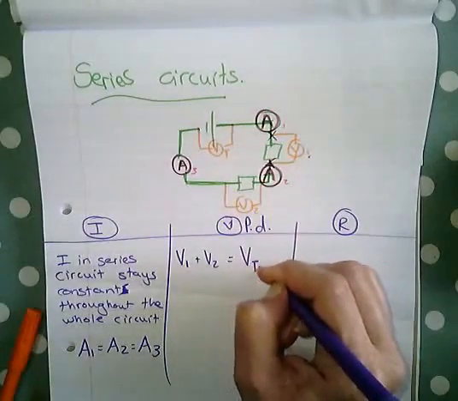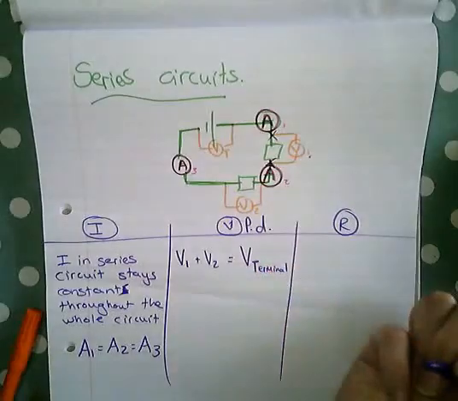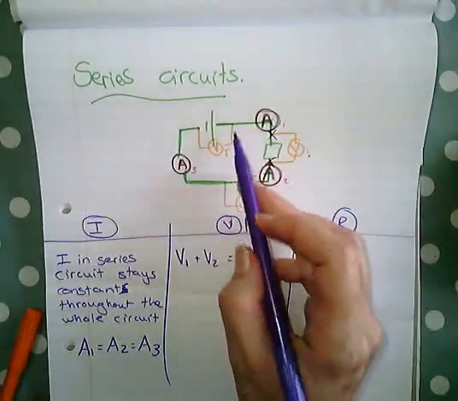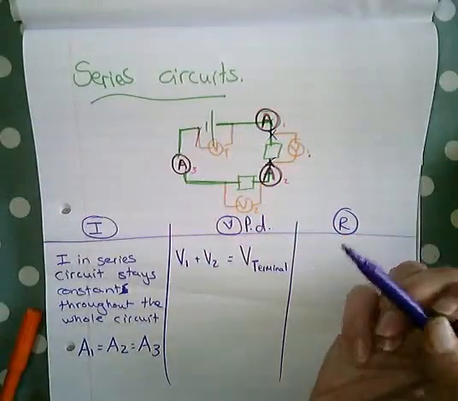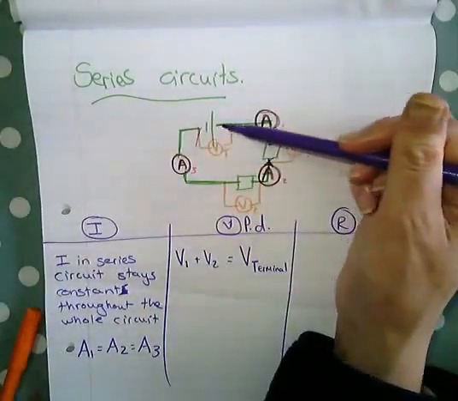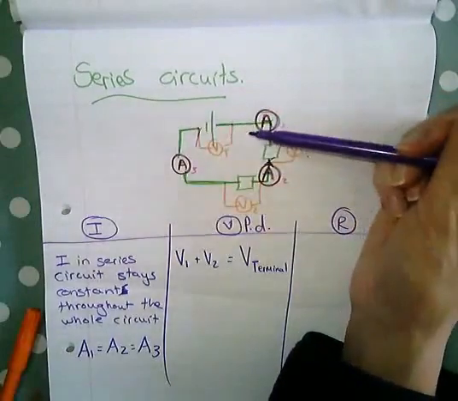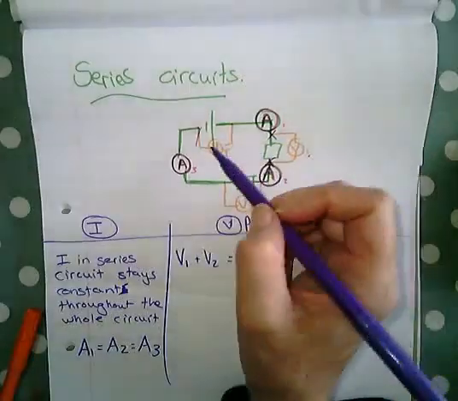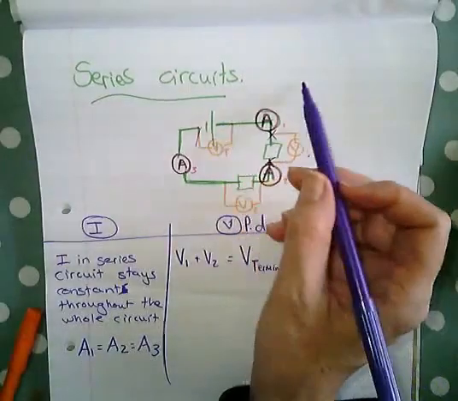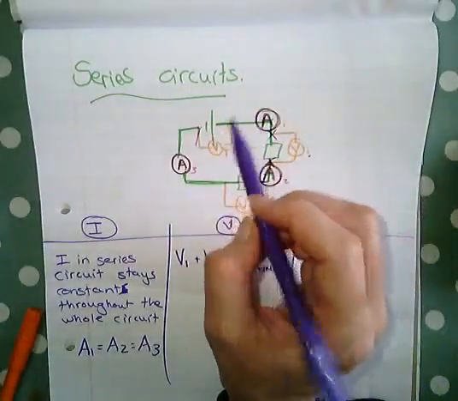Okay, so you remember terminal means the potential difference across the battery, measured across the battery when current is flowing. So that's basically the EMF minus the potential lost by the internal resistance.